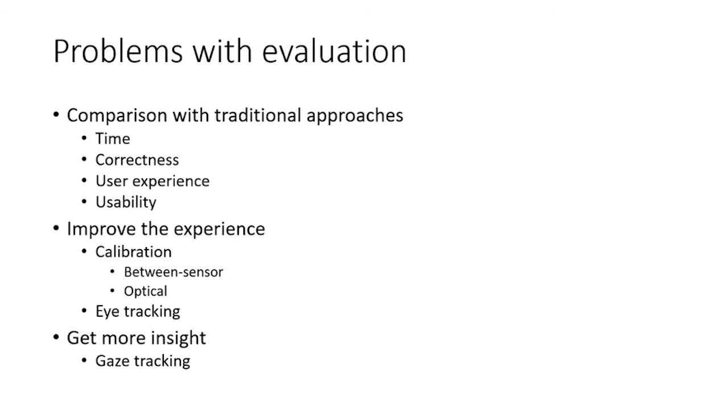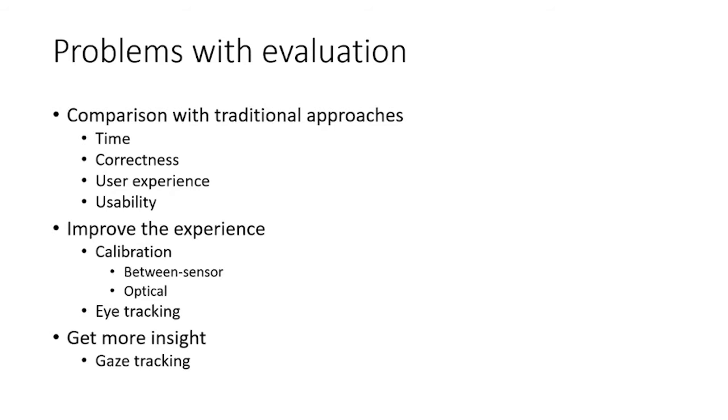So there were two things that I could further do: improve the experience by improving the calibration, either the between-sensor calibration or the optical calibration, and add eye tracking, which is still necessary for the 3D calibration, so each user does not have to manually tune the parameters, IPD parameters we already have.